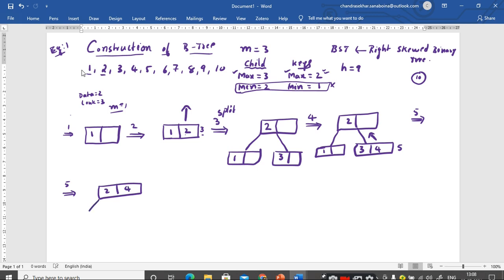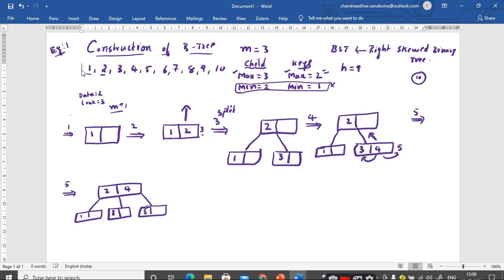What is the left child of 2? 1. What is the right child of 2? What is the left child of 4? What is the left element of 4? 3, sir. Therefore it will become this one. What is the right element of 4? 5, sir. Therefore I should place 5 as the right child of 4.